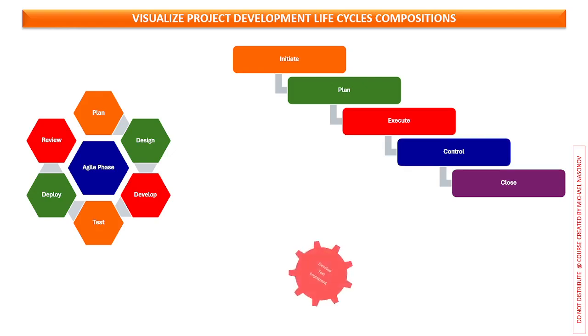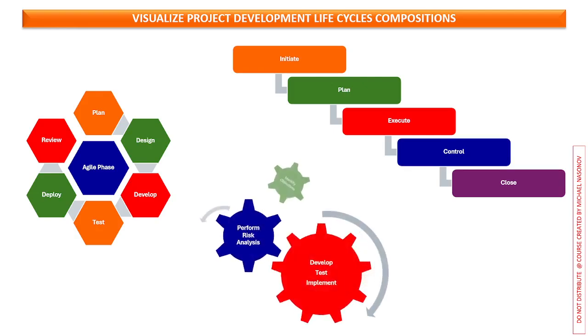And this one, for example, is so-called incremental. First, you start from the top down, identify objectives, perform risk analysis, and after which develop, test, implement. Develop your software product, test it, and implement it into production.